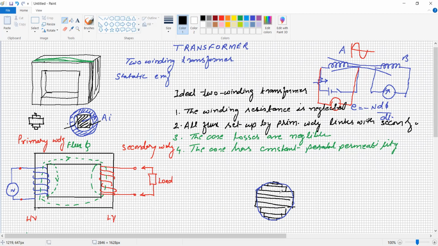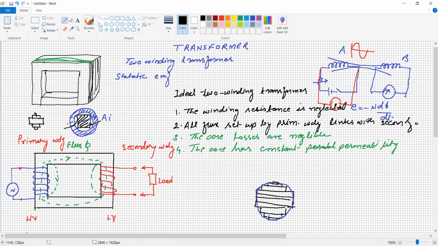So there are two advantages. One is that it reduces the mean diameter of the winding, which reduces the total length of the conductor required by the primary winding and secondary winding. The advantage of this is reduced resistance and losses in the transformer. And second is that it reduces the air gap. So this is the way by which we can construct the cruciform construction of the transformer.